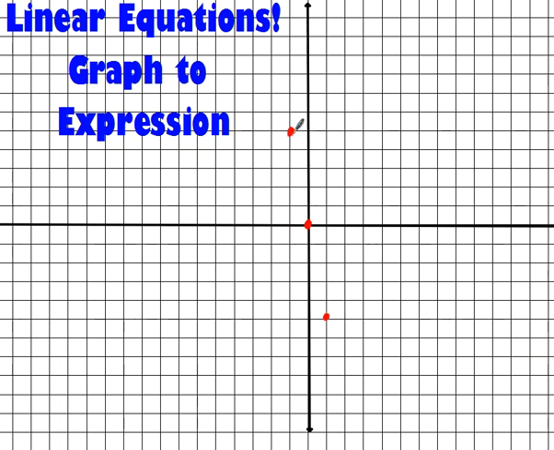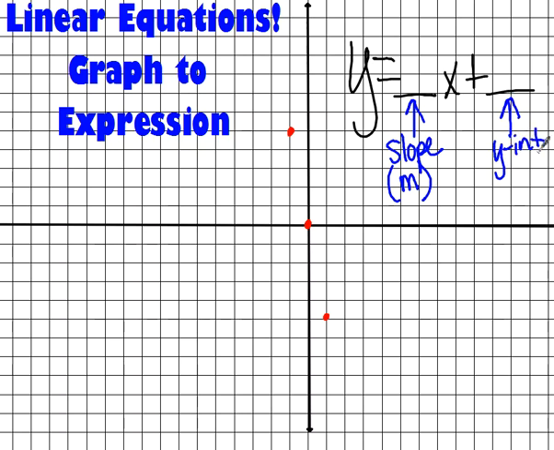Okay. Again, same thing. Y equals blank x plus blank, where this is your slope, or m, and this is your y-intercept, or b. I want you to take a look at the graph, and hopefully you see the y-intercept.